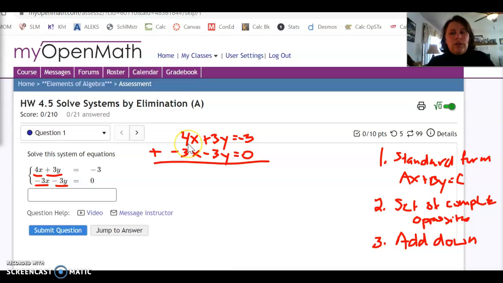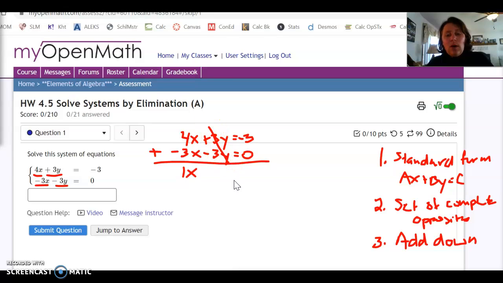So 4x, you can use a calculator if you need to. 4x plus negative 3x, or remember back to our birds and worms. If our positive numbers are our worms, negative numbers are our birds, what would we have left over? Well, we would have one worm left over. And then all of these are going to cancel out.